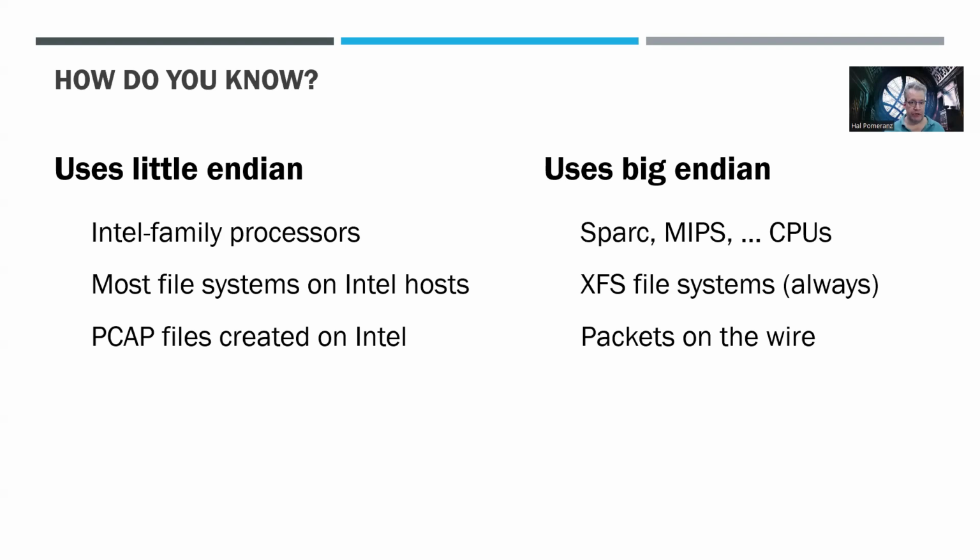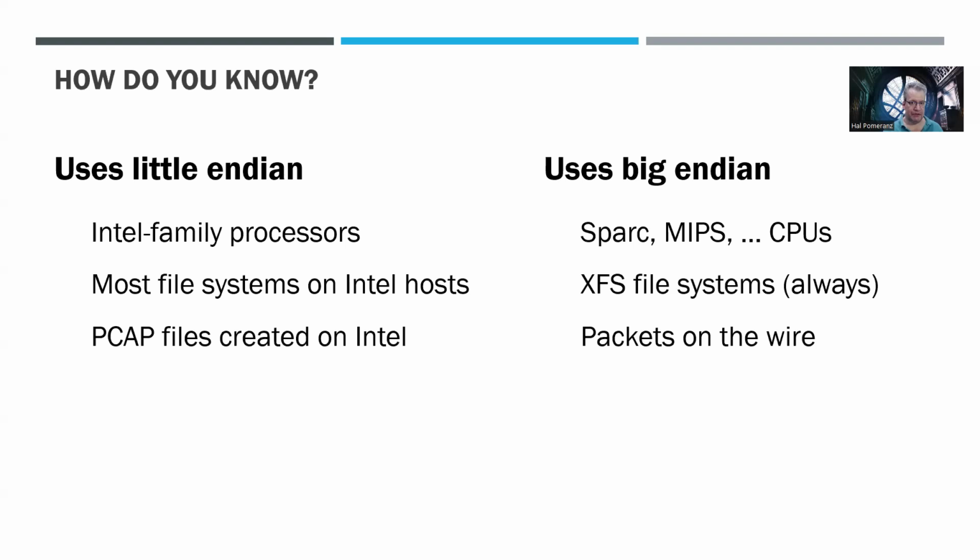As a result, most of the file system data you're going to encounter on Intel-based architectures also uses little endian data. The one exception is XFS. XFS was a file system that was created by SGI back in the day for their RISC processors, their MIPS CPUs, and those were big endian processors.